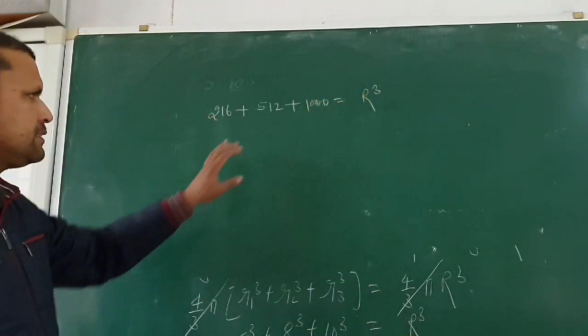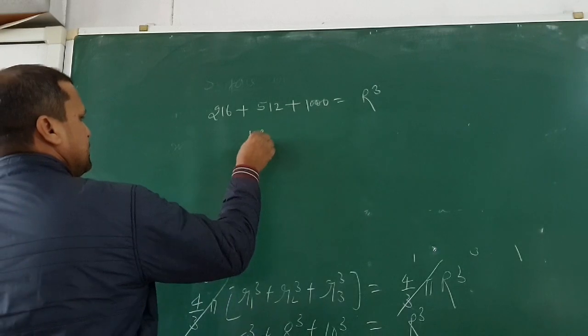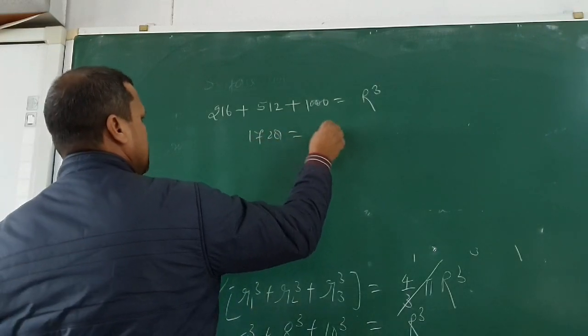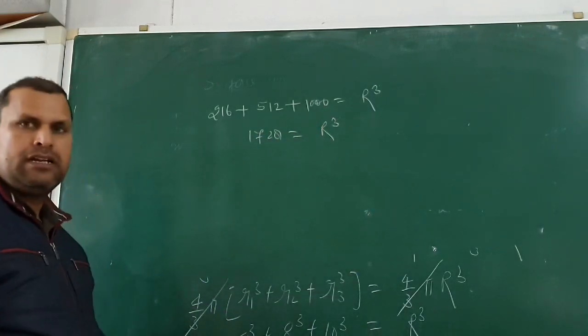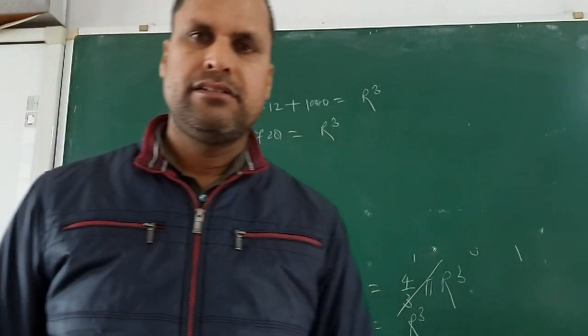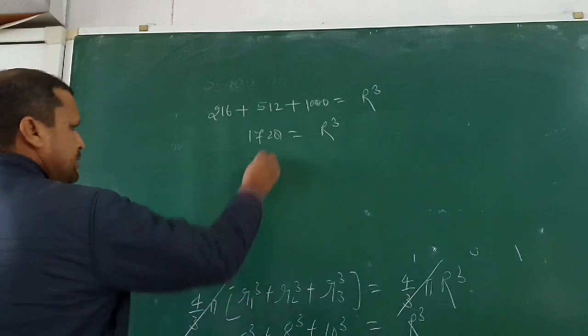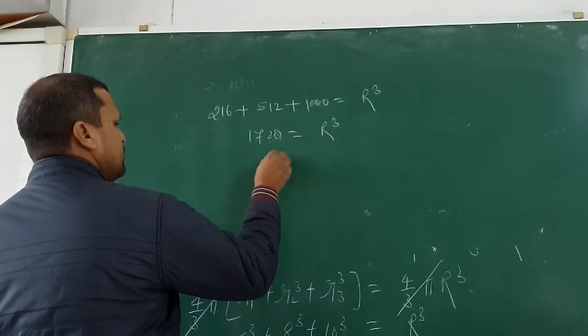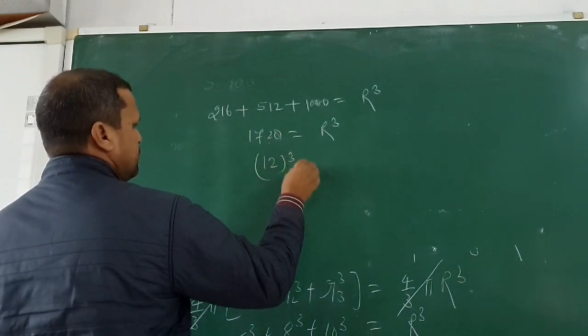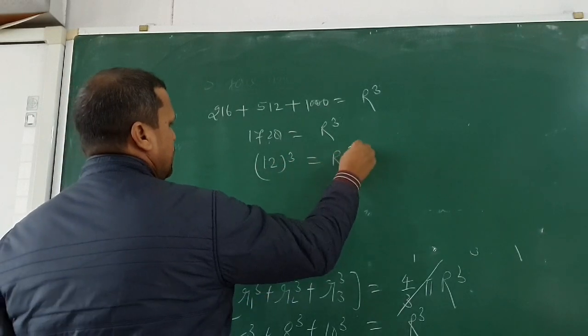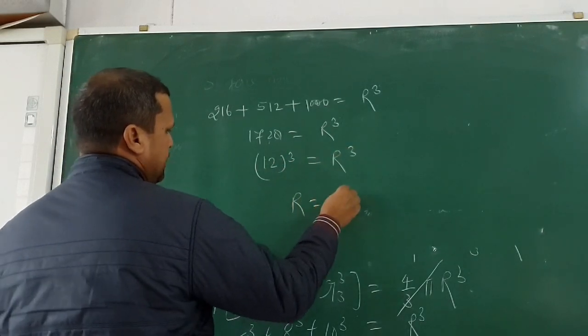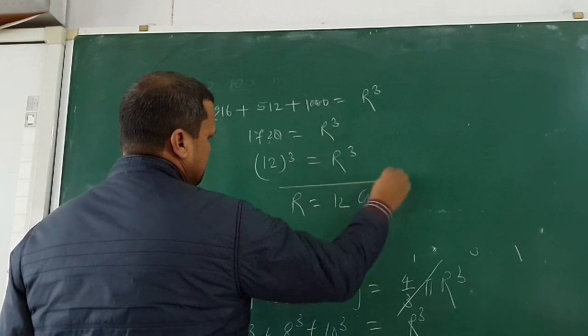Now add it: 1728 equal to R cube. Now, can you find the cube root of 1728? This is 12 cube equal to R cube. So R equal to 12 centimeter. Answer.